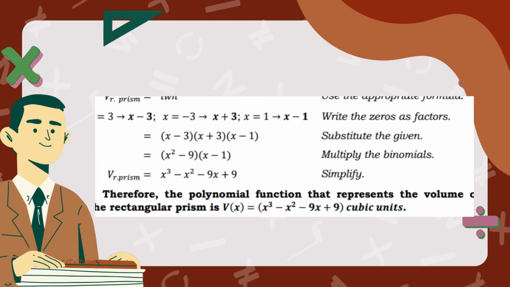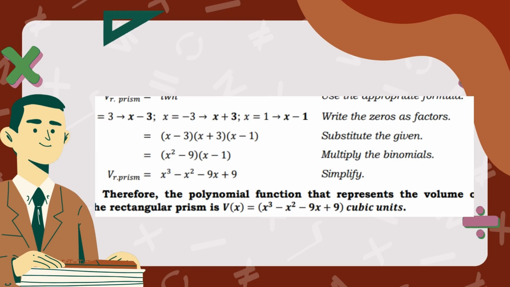The zeros shall be transformed as factors, and these factors will be substituted as the length, width, and height of the prism. Follow these steps below. Use the appropriate formula. Multiply binomials and simplify.